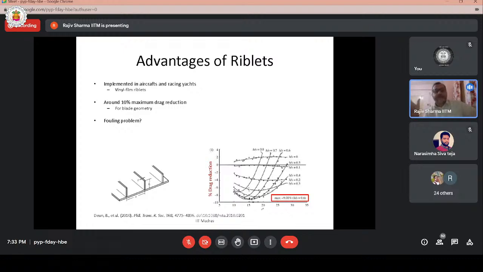Similarly, T by H. That means what is the span and what is the T. There is a structural component also coming into picture because it acts like a cantilever. And cantilever will always have very high deflection at the tip. This is something which I also discussed in the very first lecture, that please do not make the mistake of thinking fluid mechanics only in terms of fluid mechanics.